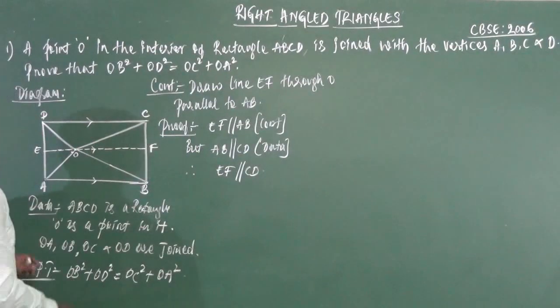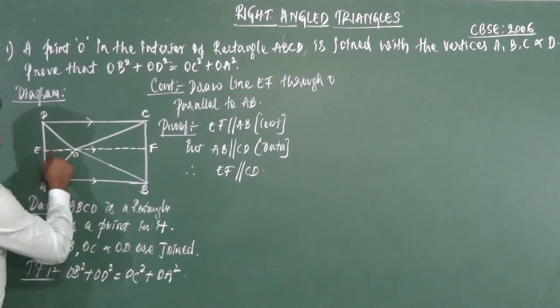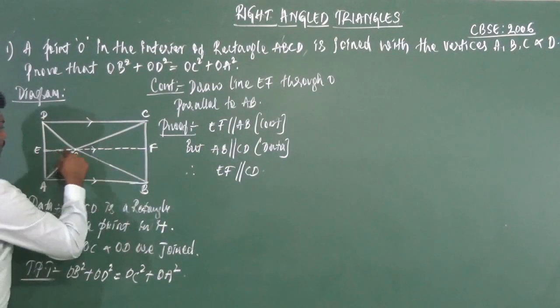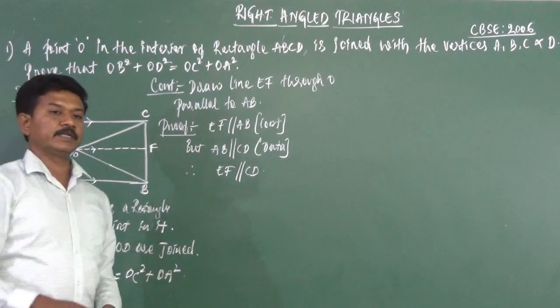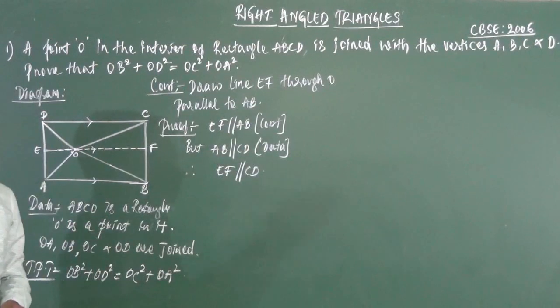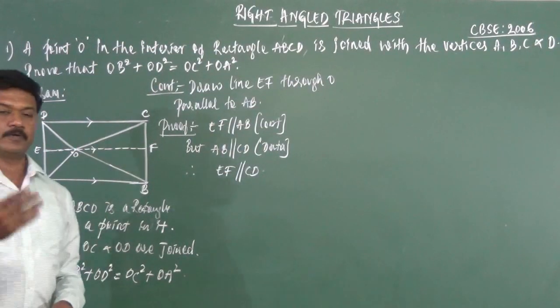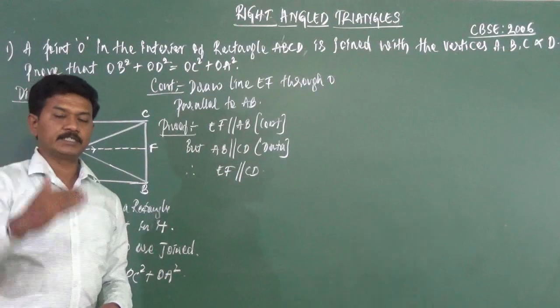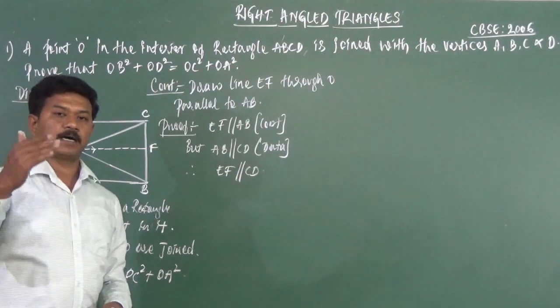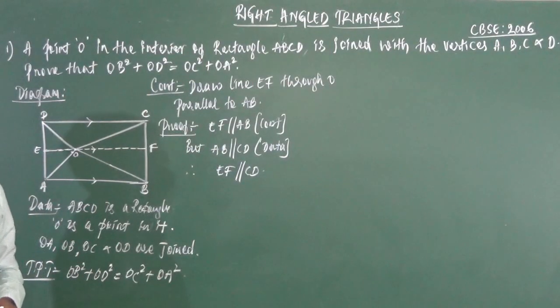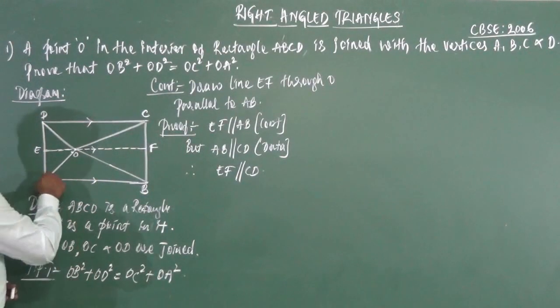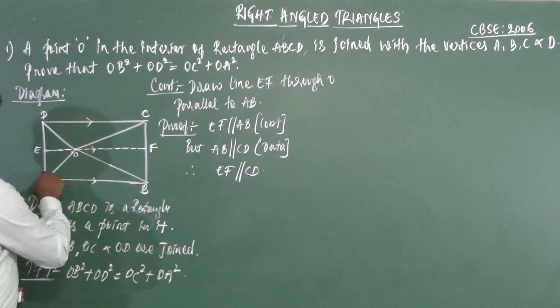So now here, this line is parallel to this and this line is parallel to this. According to one of the riders we proved in your 9th standard class, if two sides of a parallelogram or quadrilateral are parallel to each other, then it can be called a rectangle, because already we have 90 degrees here.